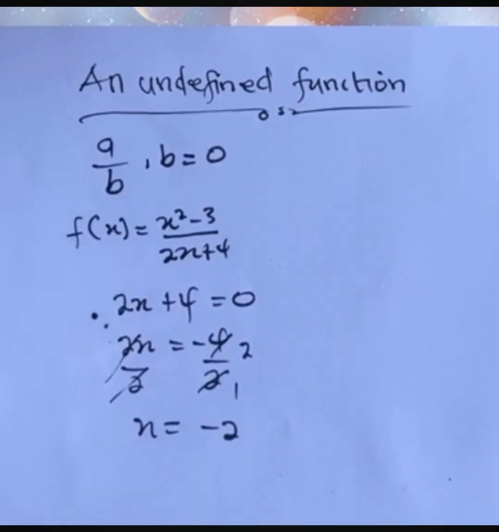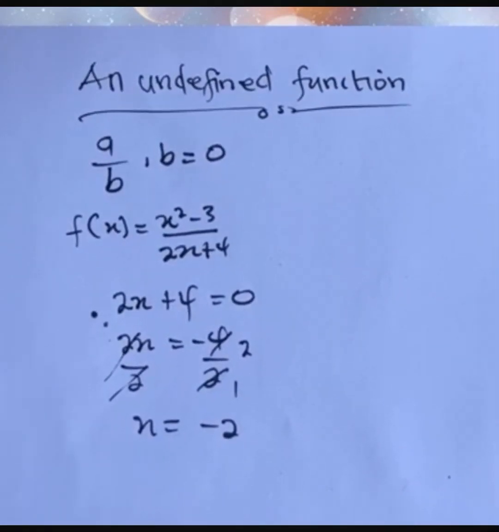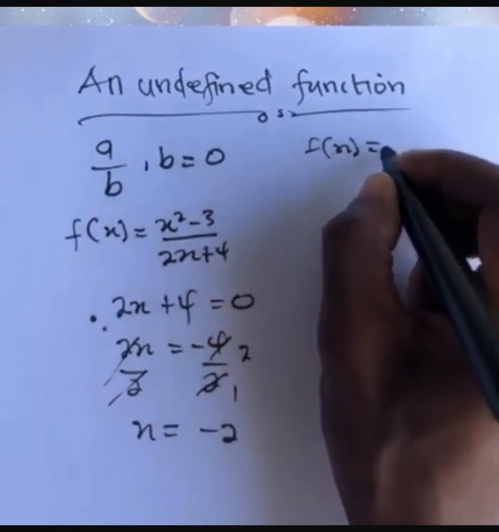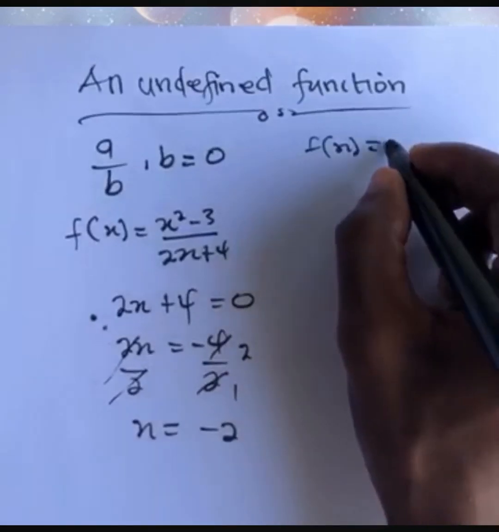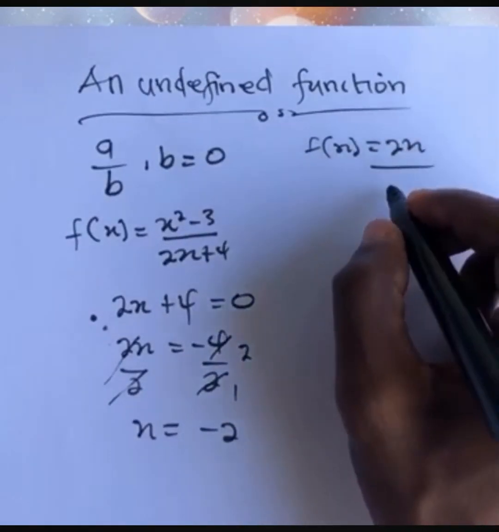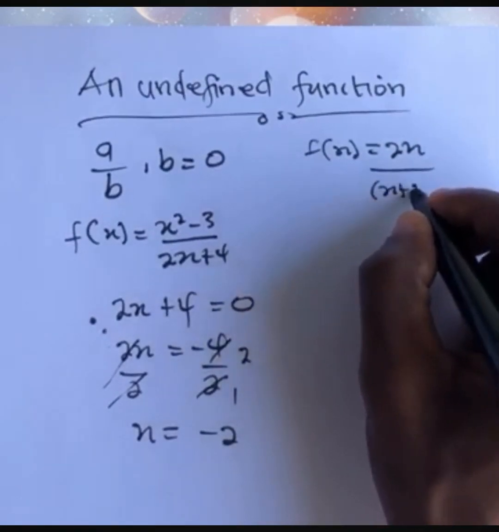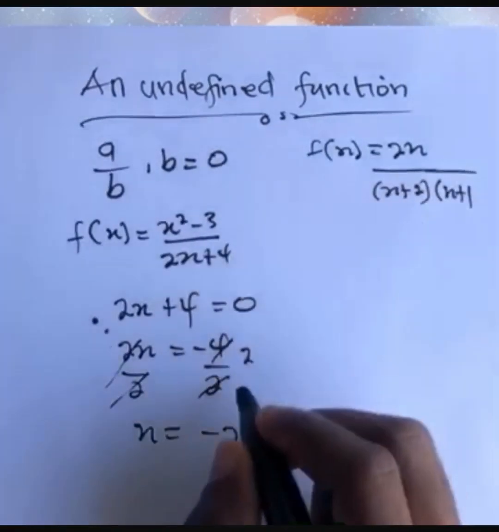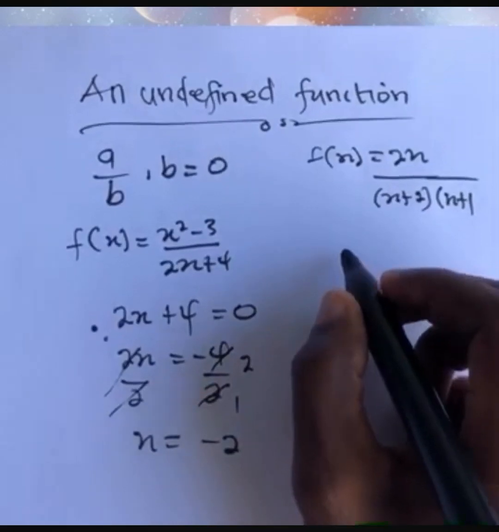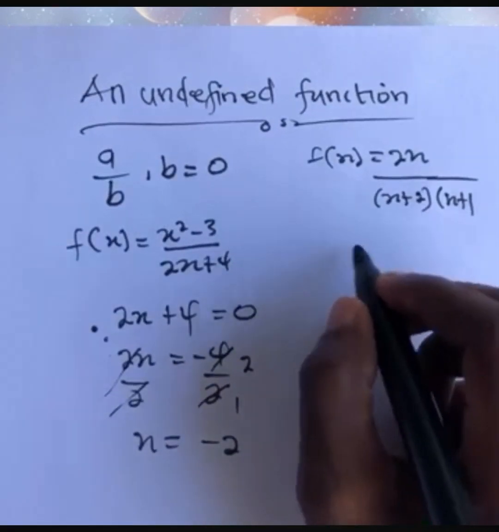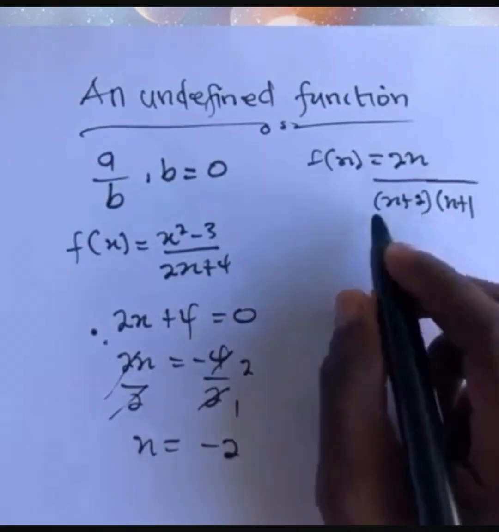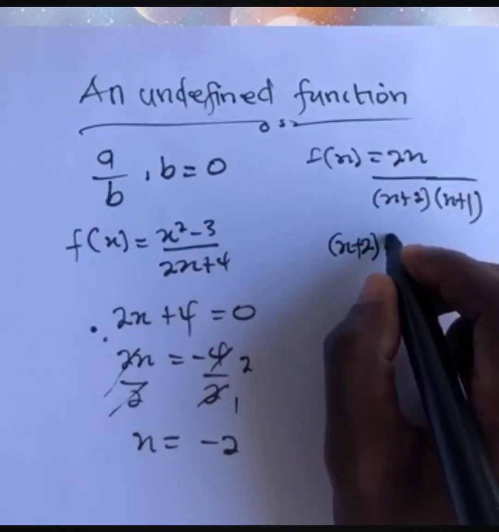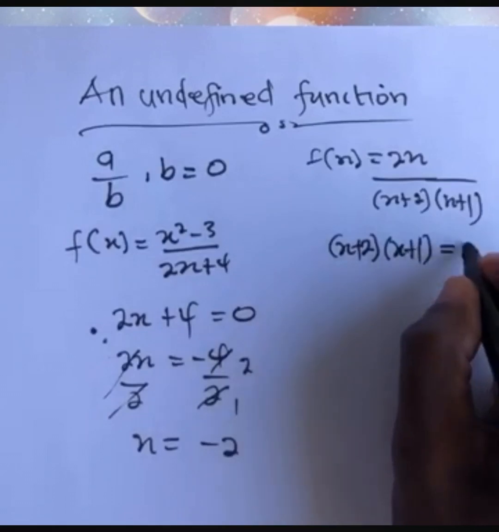Okay, so if I have f of x equals 2x over x plus 2, x plus 1, and I want to find what will make this function undefined, then I have to take the denominator, which is x plus 2, x plus 1, and equate it to 0.